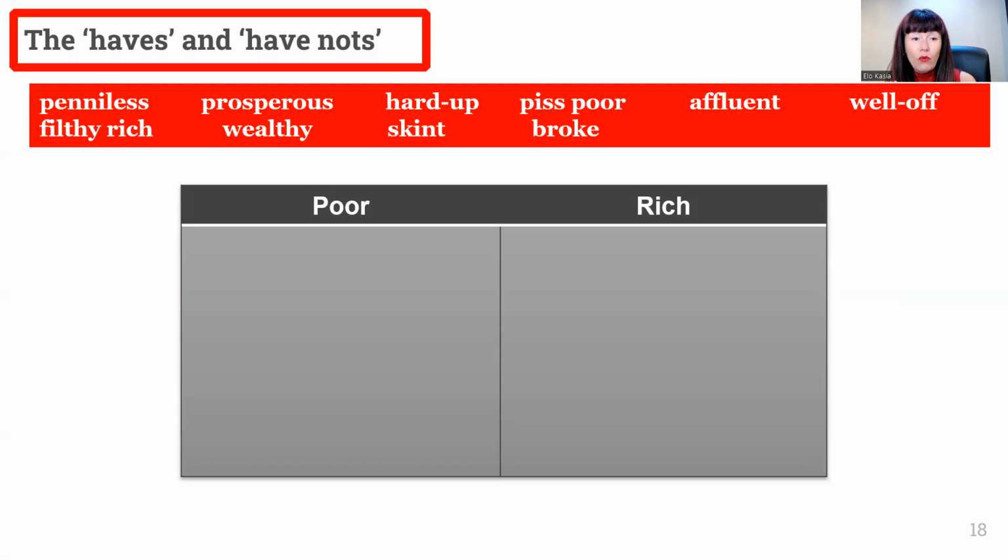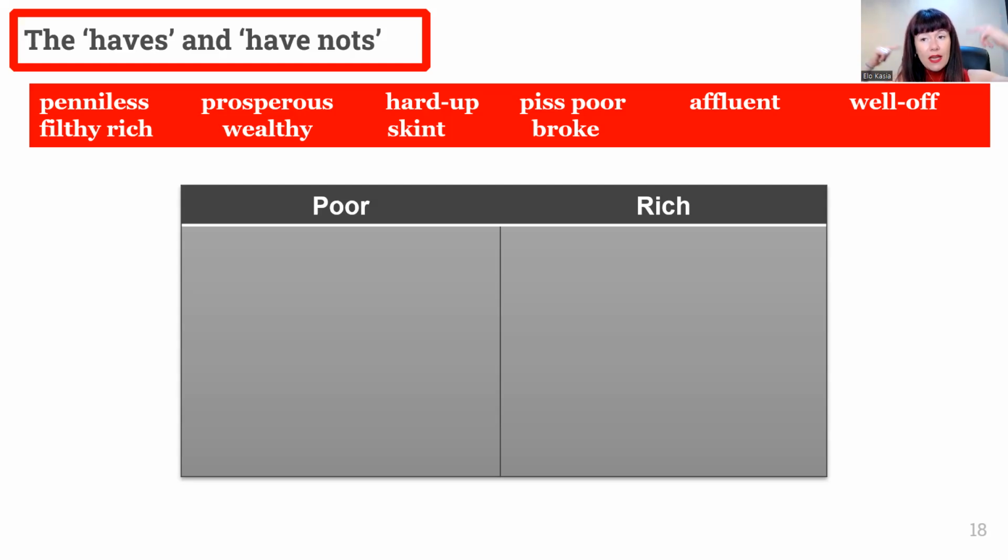Is that a word for a rich person, or a word for a poor person? Okay, so we have penniless, can you guess? Prosperous, hard up, piss poor, affluent, well off, filthy rich, wealthy, skint, and broke.